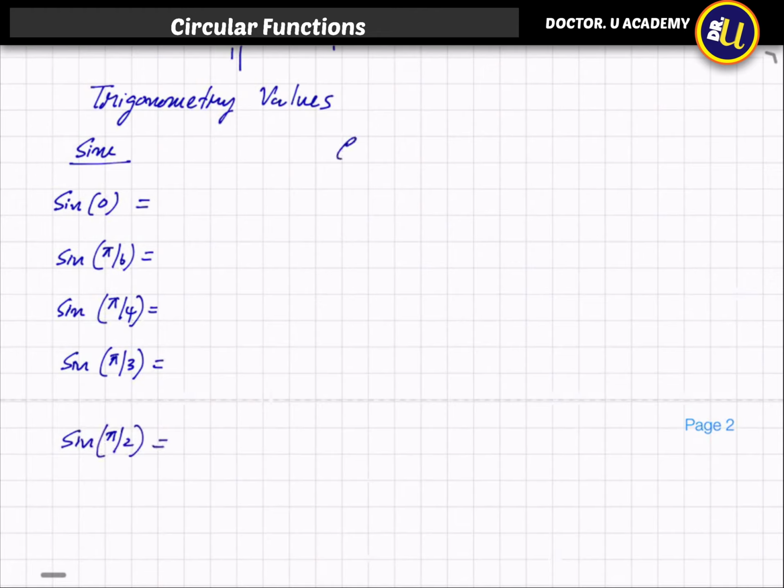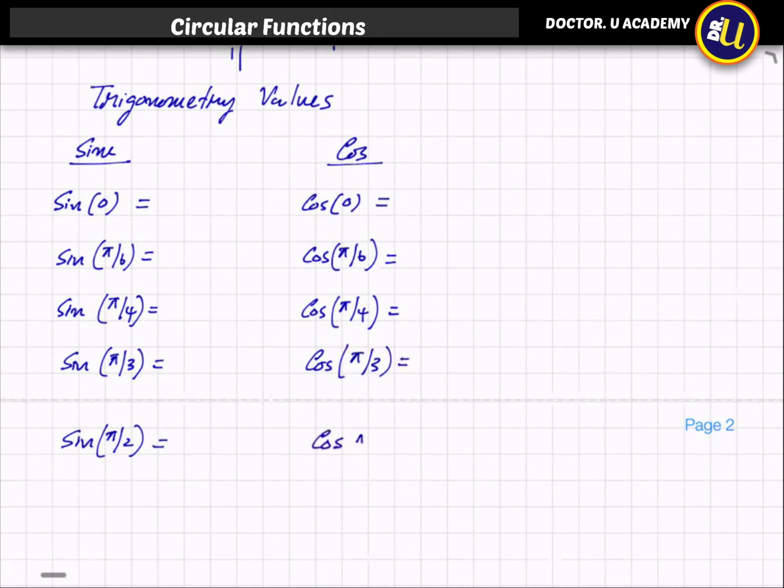Same in cos. Cosine 0, then cosine pi divided by 6, that is 30, then cosine pi divided by 4, then cosine pi divided by 3, then cosine pi divided by 2.